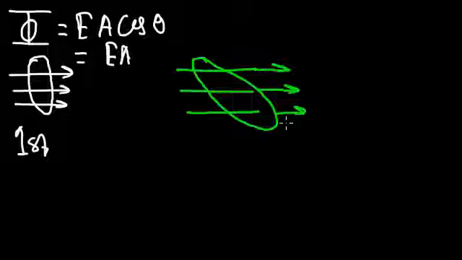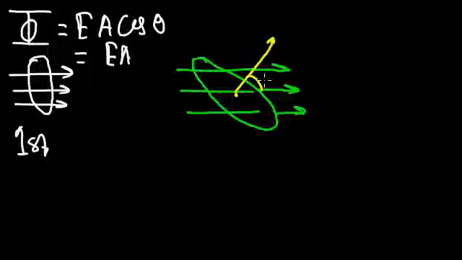Notice that if we draw a normal to the surface, then if this is the center of the surface, for instance, a normal to the surface has to be perpendicular to the surface, so it has to move in this direction. As you can see, this normal makes an angle with the field line. So when the surface is neither parallel nor perpendicular to the field line, you have to take that angle into consideration.